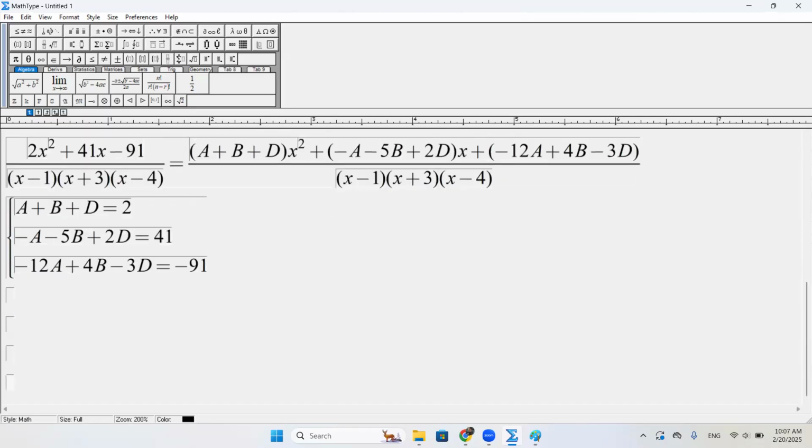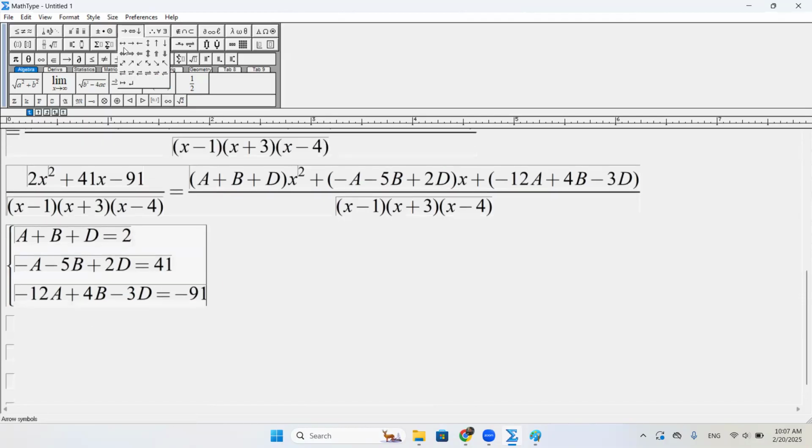So we have such a system of linear algebraic equations. Now let's not waste our time solving the system. You already know different ways to solve it, such as Cramer formulas, inverse matrix, Gauss-Jordan elimination, and so on.